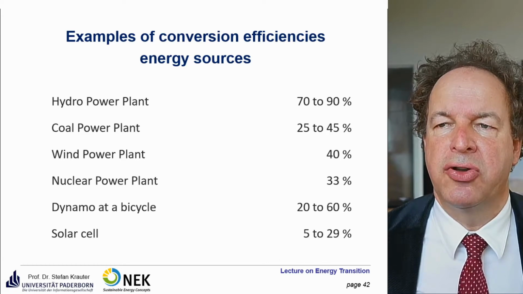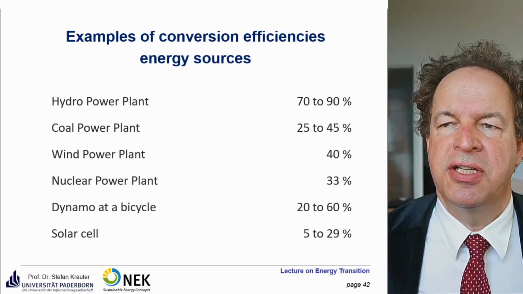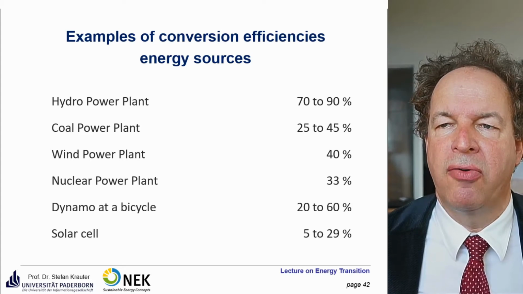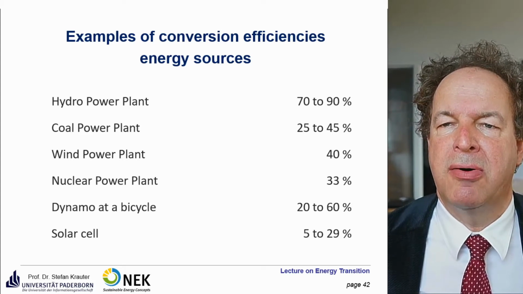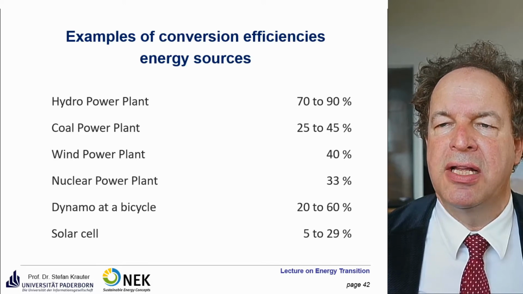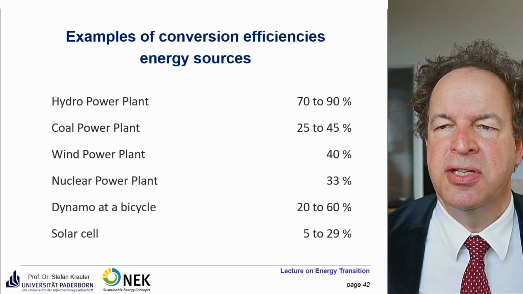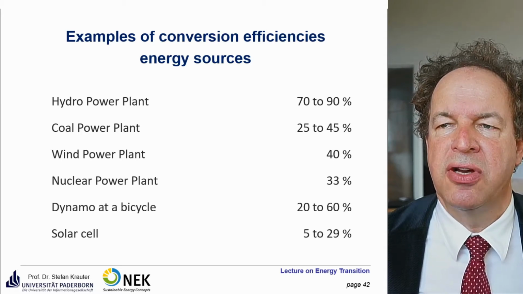If you just consider the electrical conversion efficiency, this is quite limited. A wind power plant is about 40%, a little bit more for most modern power plants. A nuclear power plant is also relatively low, with 33% conversion efficiency. Mostly you don't make use of the heat.